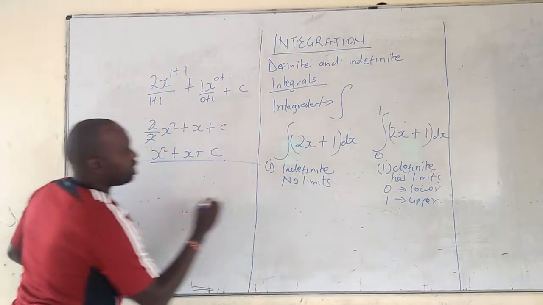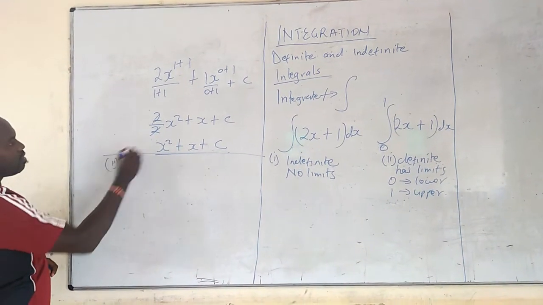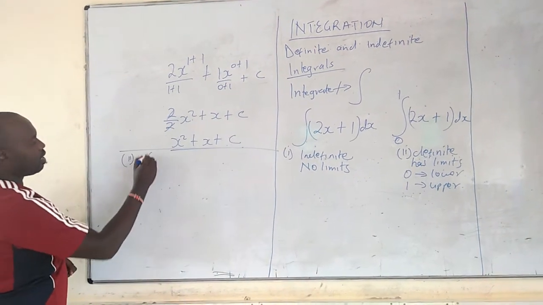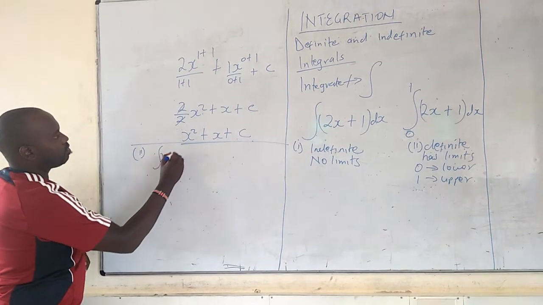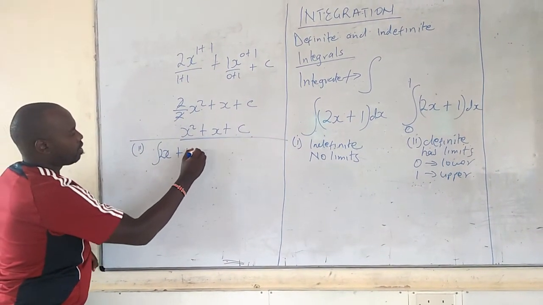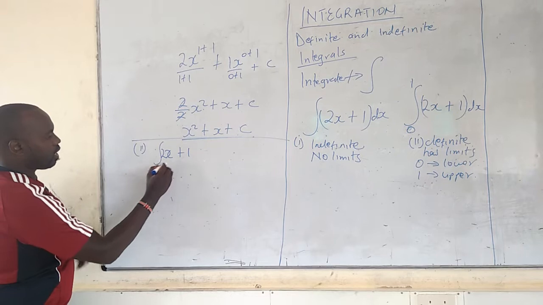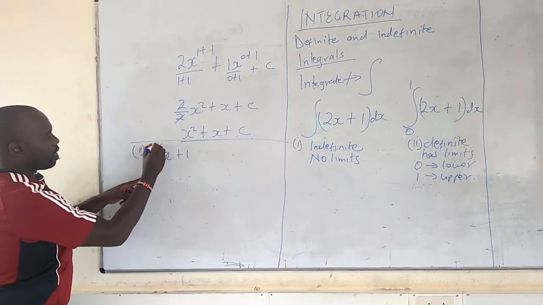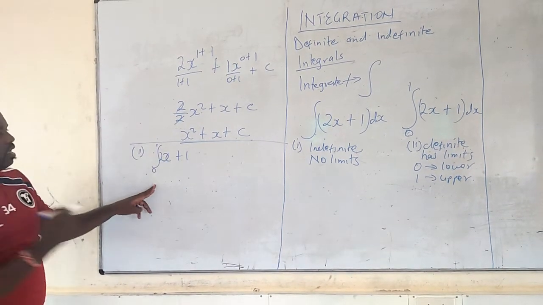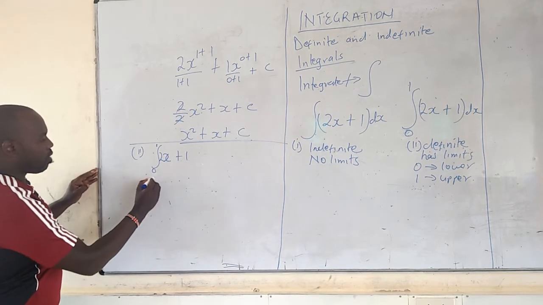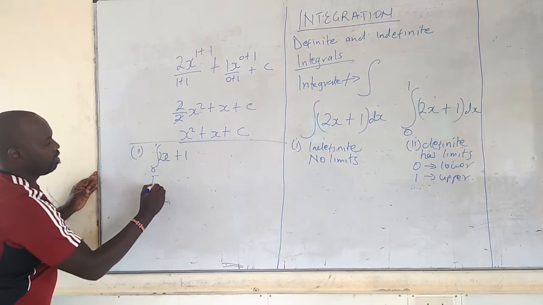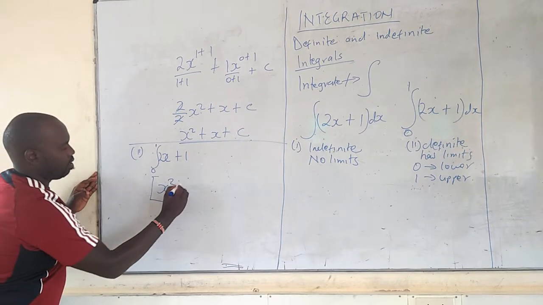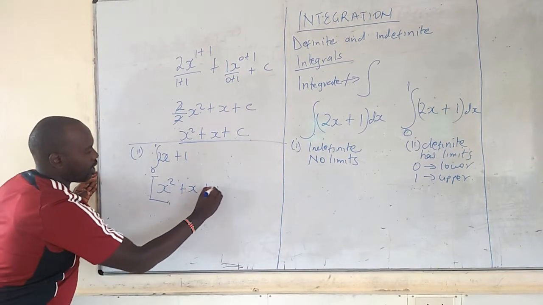Now, for the definite integral, you just integrate the way we have integrated. It is 2x plus 1, from 0 to 1. Once you integrate, you have to do something else: you have to introduce square brackets. Once you have integrated, you have seen the integral is x squared plus x plus c.